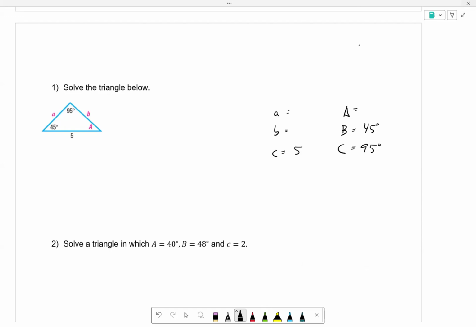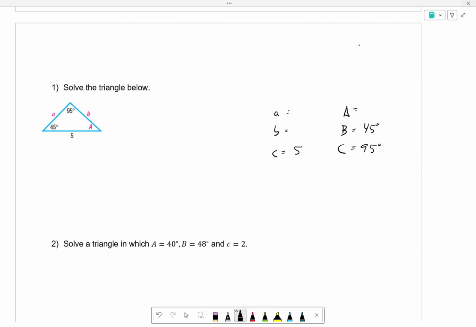I got a little a. 50 plus 95, 125. I just drew the 45. Leave right side. 135. So B is 5.